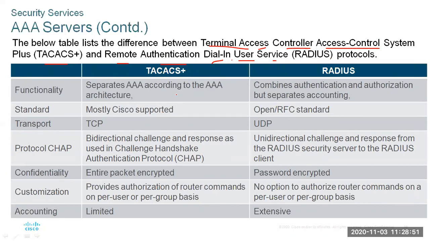What are the differences? TACACS separates AAA according to their architecture, while RADIUS combines authentication and authorization, but separates accounting.